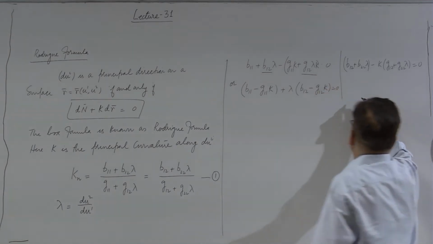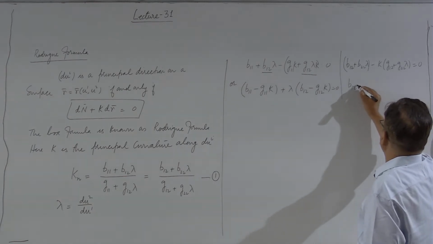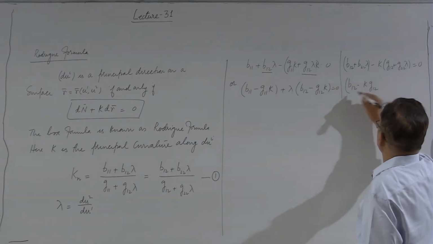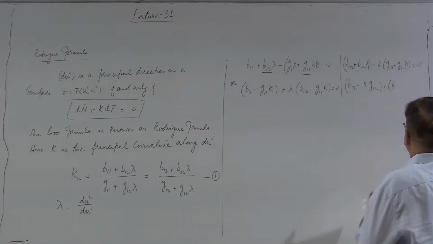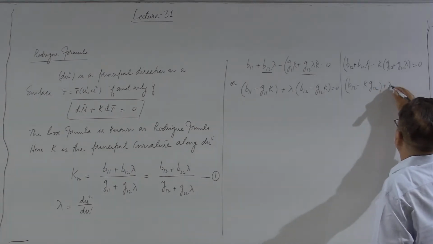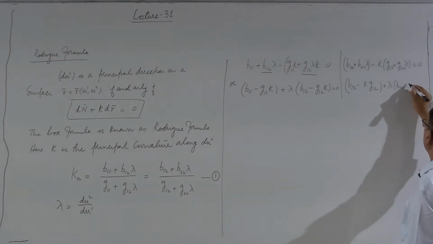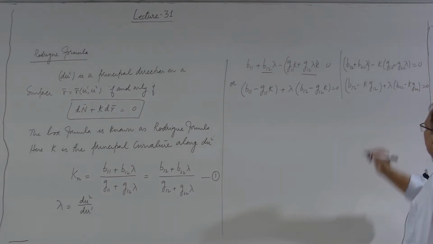Same thing I will be doing here also simultaneously: B12 minus k times G12, plus lambda times B22 minus k times G22, equal to 0.